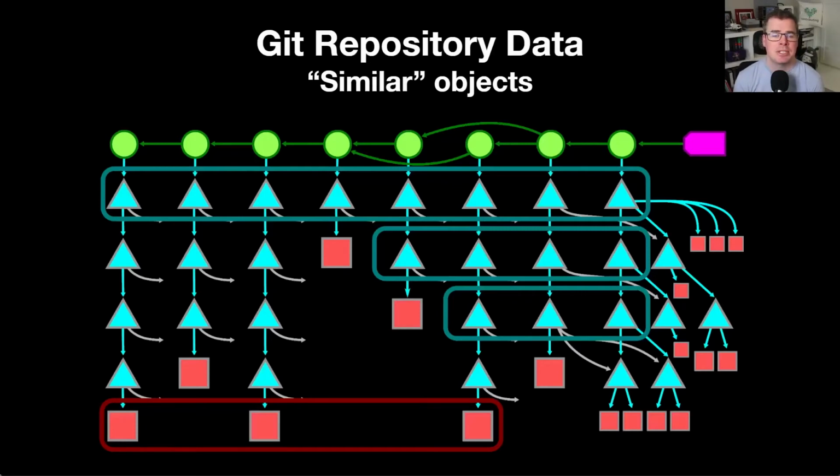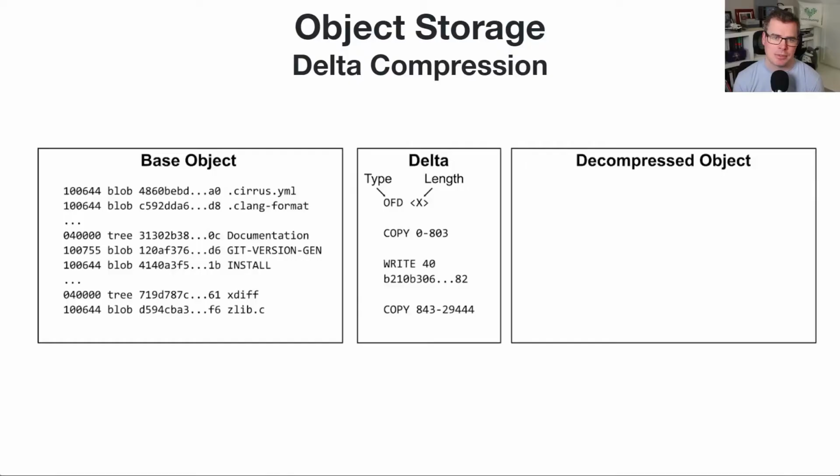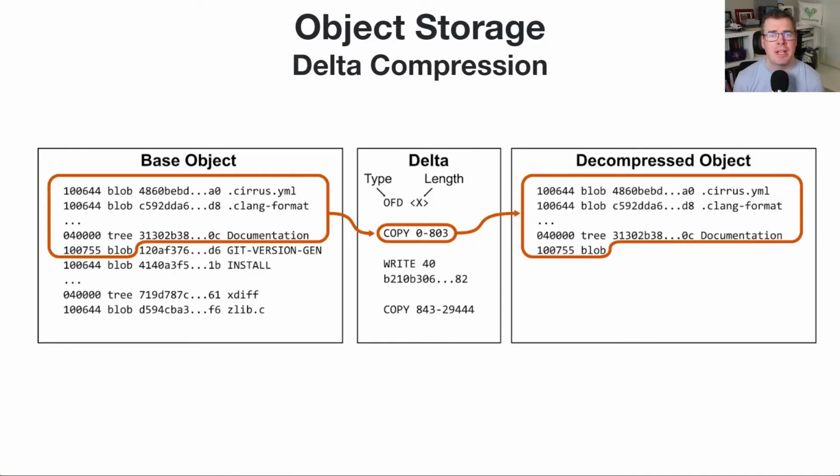Git uses a particular kind of compression when objects have a lot of common data: delta compression. Here I'm showing an example tree object as the base object, as well as an example delta object. Deltas are instructions to help construct an object based on copying regions from a base object and writing new regions at certain points. We start by copying the initial segment of the tree up into the object ID of the Git version gen entry.